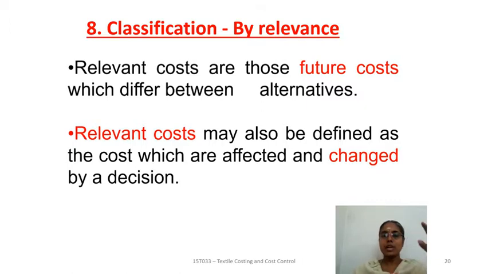When you have two alternatives, which alternative do you choose? When you have to decide which alternative to take, say like a make or buy decision, the costs that you have to take into account for that decision are called relevant costs. The costs you need not consider in choosing between the two alternatives, you do not think of.